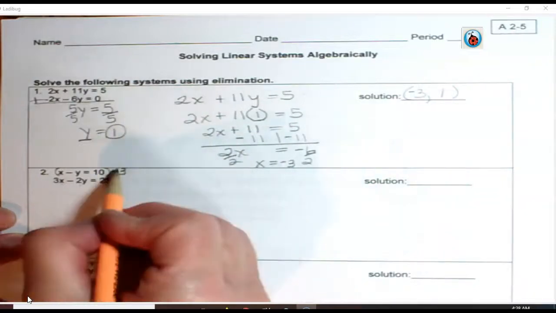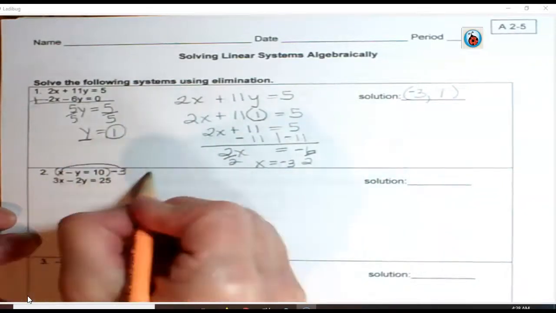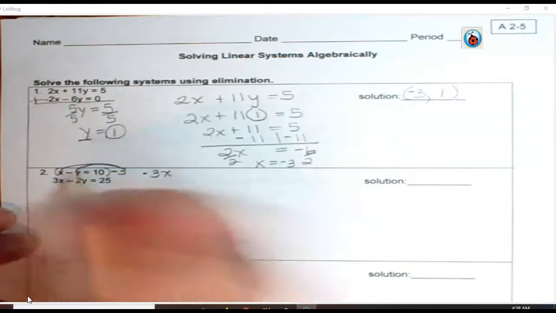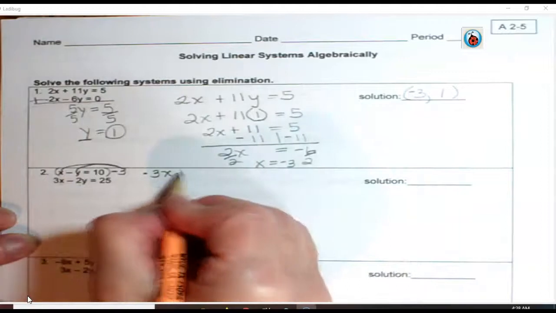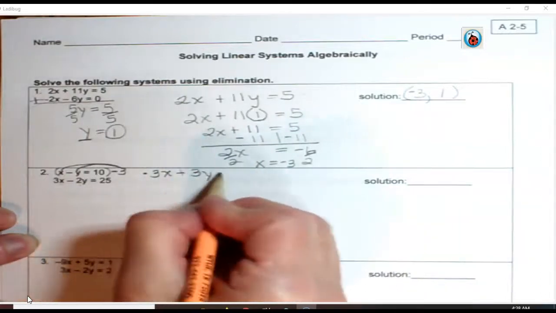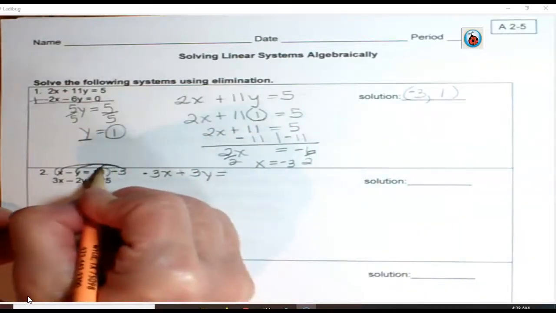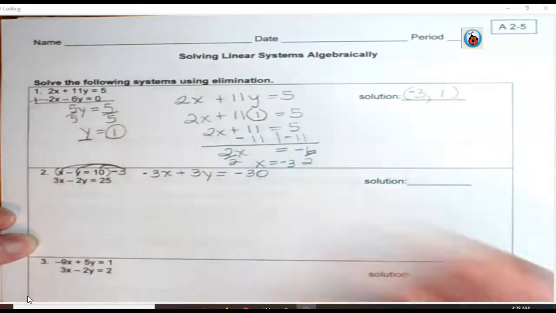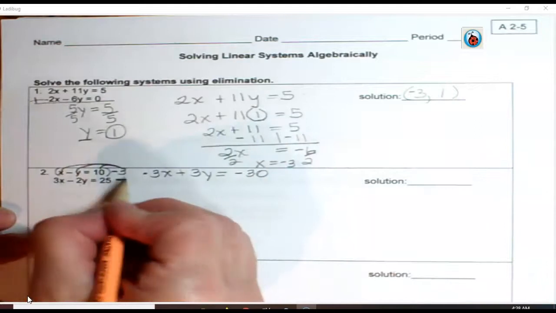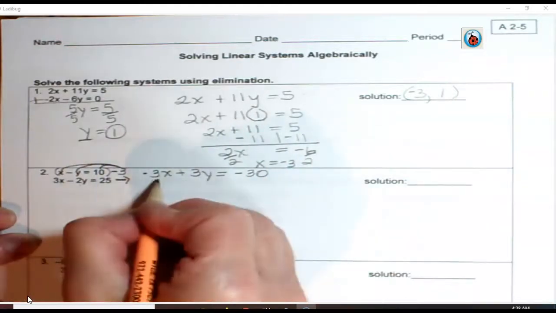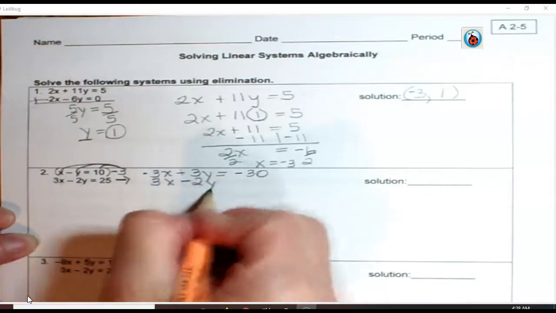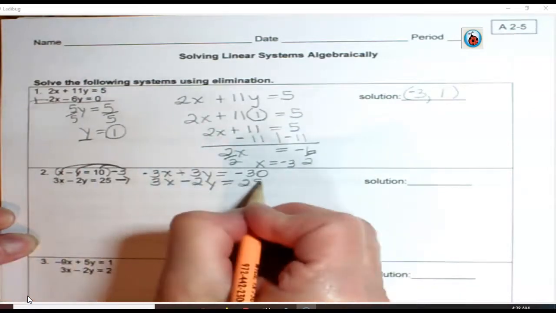So I'm going to take negative 3 times x, gives me a negative 3x. Negative 3 times a negative y is a positive 3y. And then don't forget to go all the way over here. Negative 3 times 10 is a negative 30. Okay, now I'm just going to take this equation and write it right underneath it. So I have 3x minus 2y equals 25.